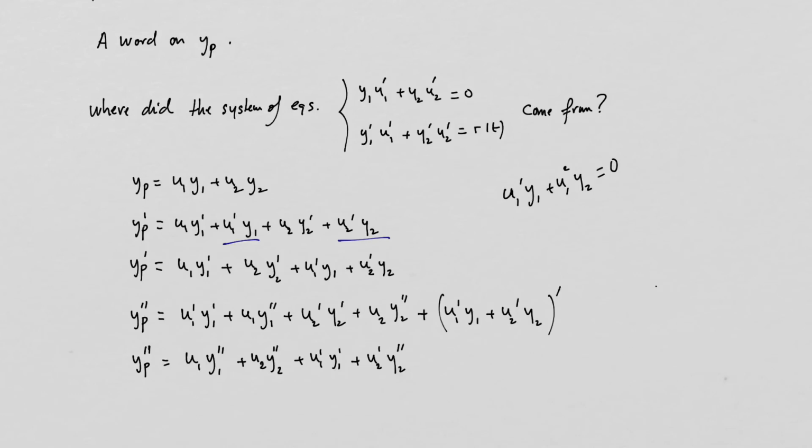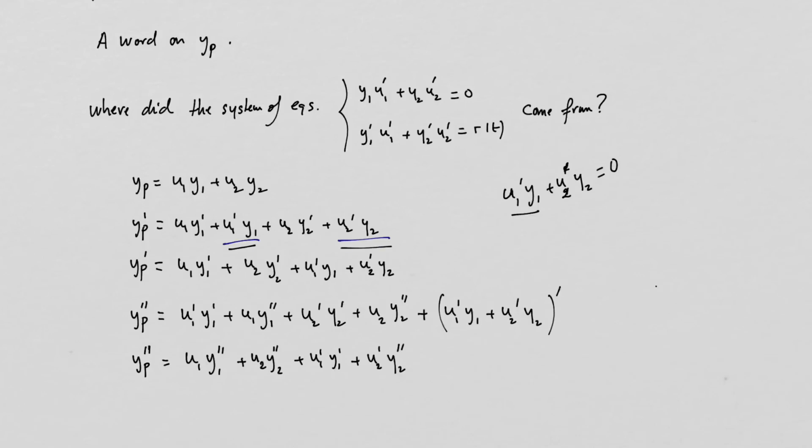Without loss of generality, I can pick, I'm looking for, these are my unknowns, u1 prime and u2 prime. Did I make a mistake here? I should slow down. u1 prime y1 and u2 prime y2. Yeah, this is u2 prime, sorry. These two, okay?